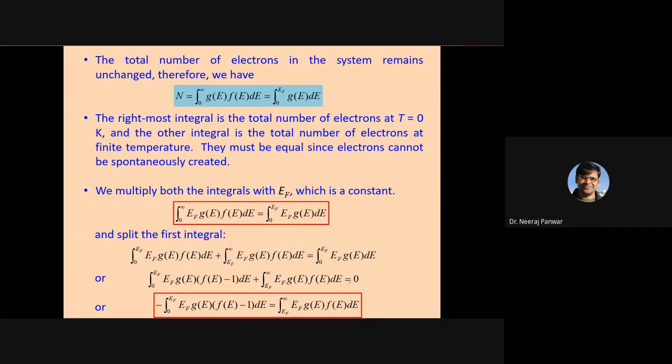After reshuffling the terms, we will get this expression. So we can take this first term on the right hand side and this will give us minus sign. So we will have minus of integral 0 to EF g(E) (f(E) minus 1) dE equal to this expression. I have kept it inside the box because we are going to use it later.